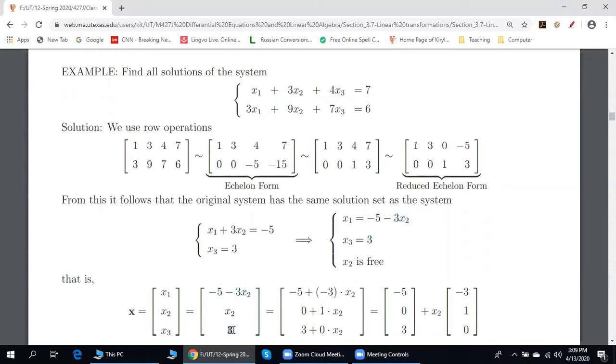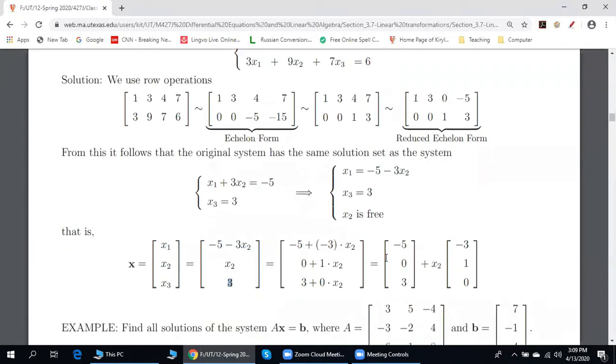Done. After that, we rewrite each entry of this matrix column in the following form: number plus number times variable. So we rewrite this as number plus number times x2.